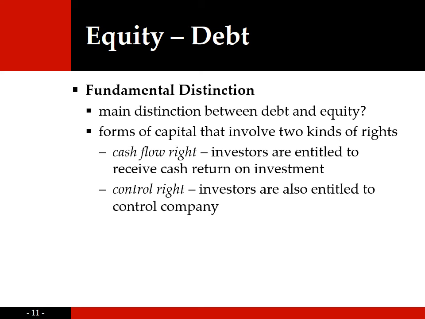So both creditors and owners will receive some cash compensation for their investment. But the nature of this cash flow will be different. The second are control rights. Owners and creditors will have different ability to determine what is going to happen in the company, to control the company. And these two dimensions will be the two most important economic distinctions between debt and equity.